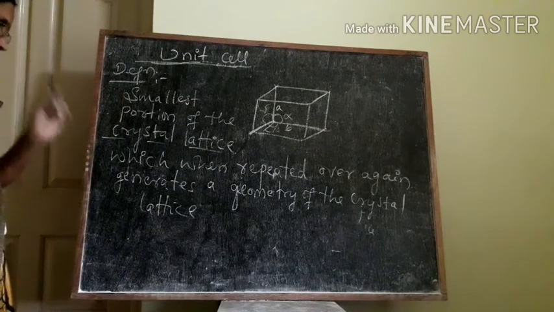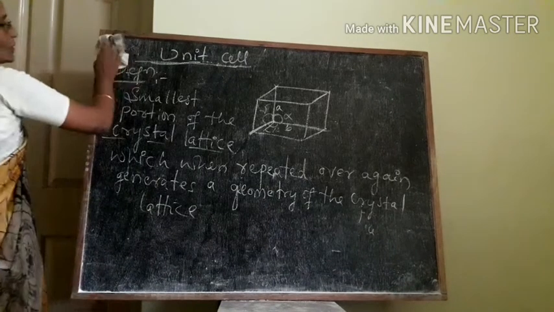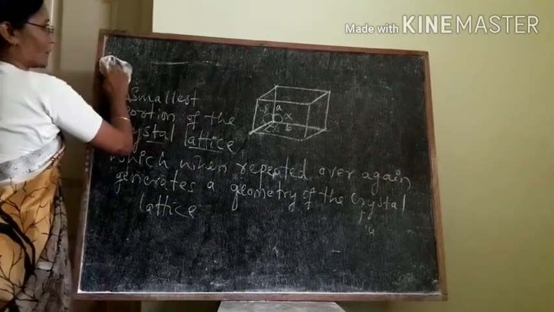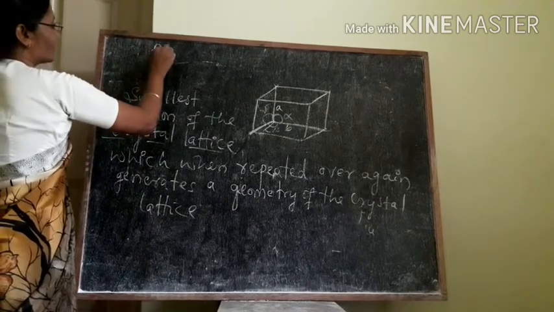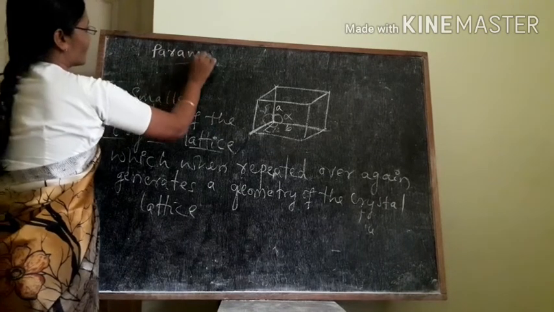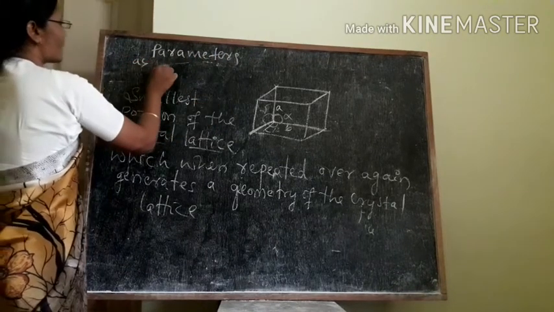This unit cell has two important parameters. The parameters are, first one is edge length.